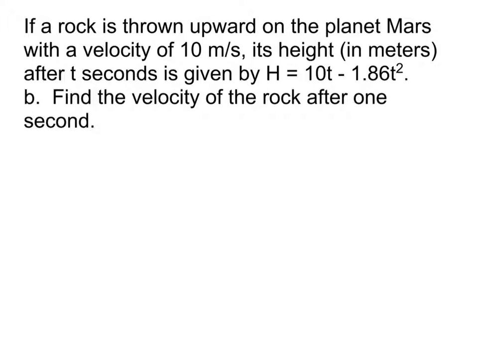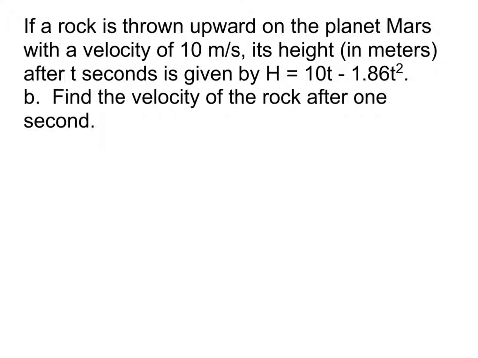So now our last question based on this situation is to find the velocity of the rock after 1 second. So please figure that out, seeing if you got all the pieces together. All right, and so let's make sure you're heading on the right track here. It just says find the velocity.